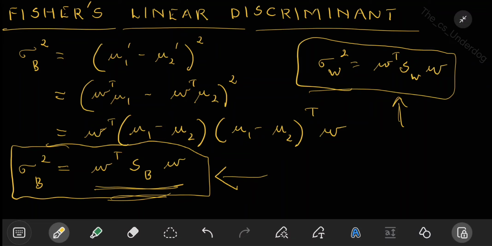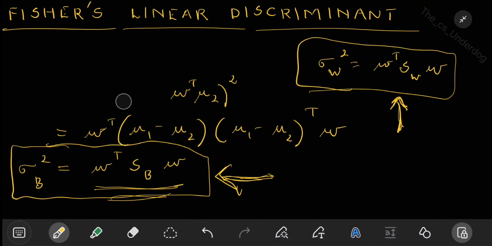So now you know, after projecting onto the axis, within class variance sigma W square can be written as W transpose SW into W, and between class variance after projection can be written as sigma B square equal to W transpose SB into W. So now, what is our aim?